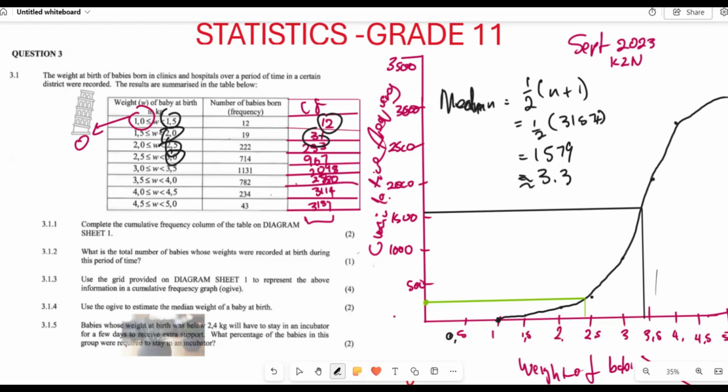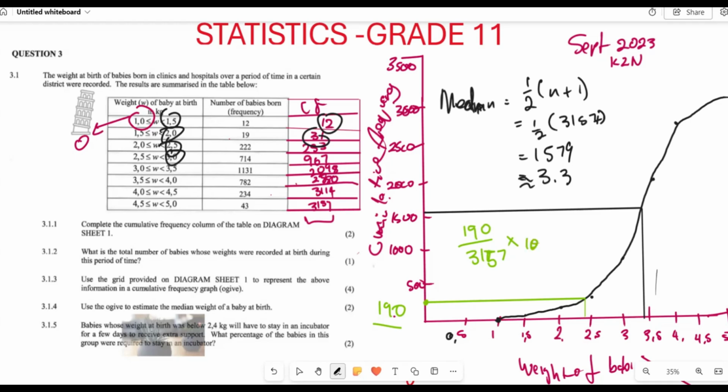If it's 190, then you say 190 divided by 3157, multiplied by 100 altogether.